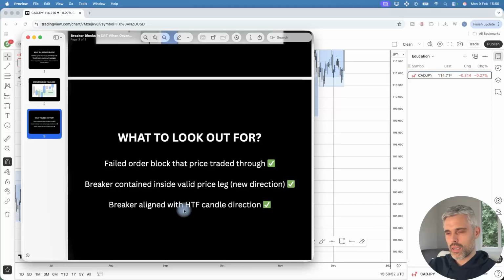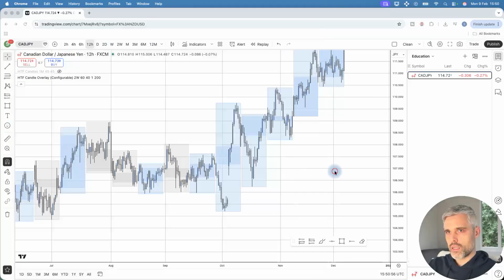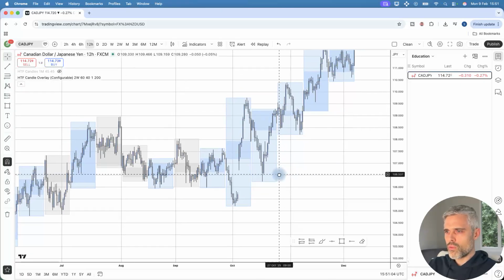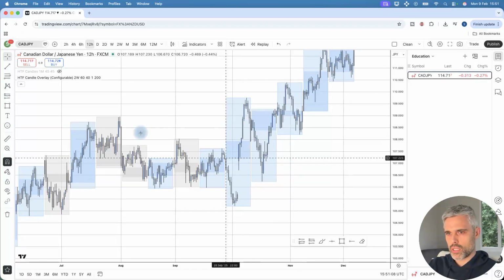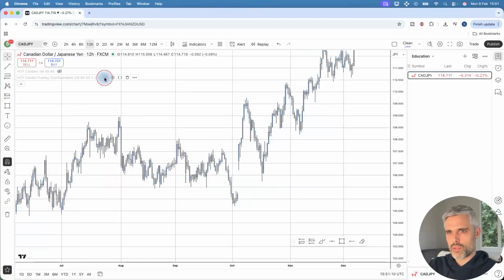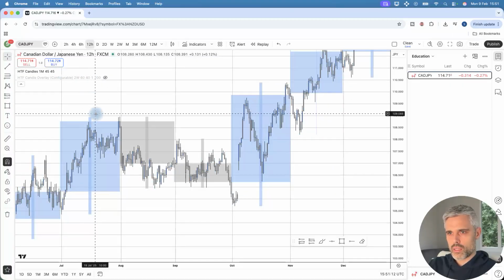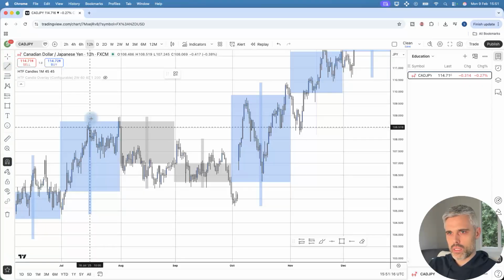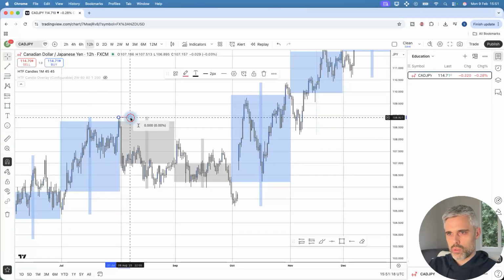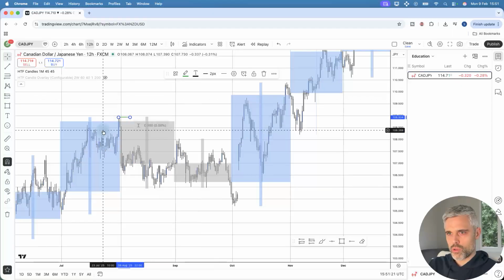So with that, let's take a quick look at an example that played out in CADJPY, the example we've been running through in the whole of this series. So we've already touched on this entry, and this is clearly a fair value gap entry. But we spoke about at the start of the series this downtrend. So what price does is it comes in to the high, first and foremost.